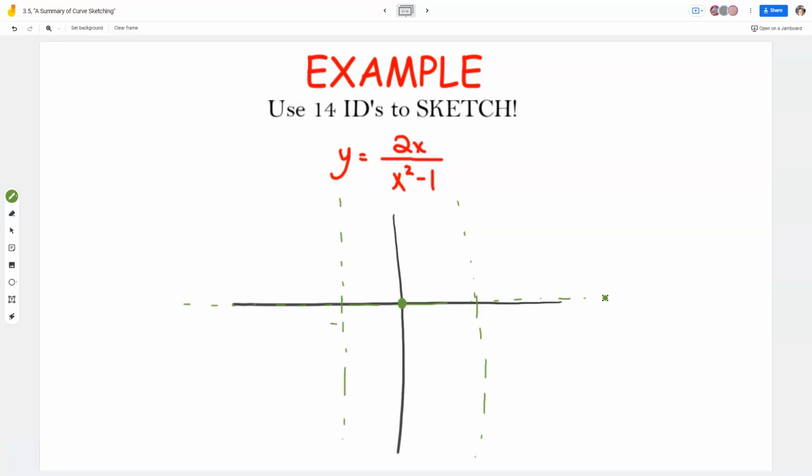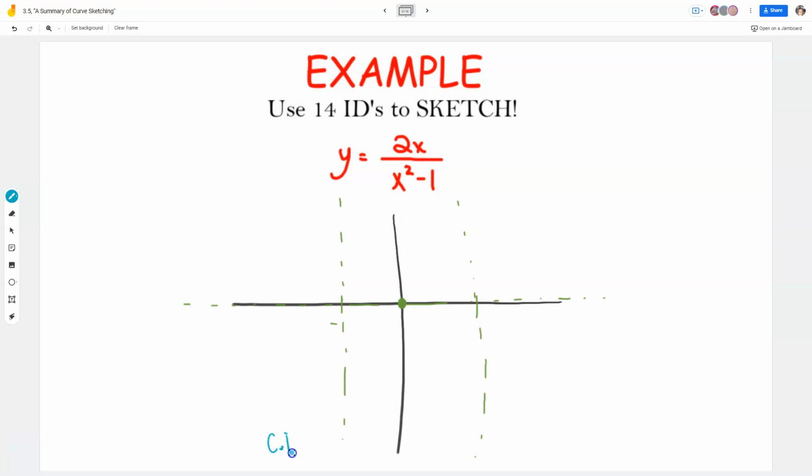Tell me what else you know. Yeah, okay, cool. So what's the concavity over here from negative infinity to -1? Careful, the second derivative is negative, which means the concavity is concave down.